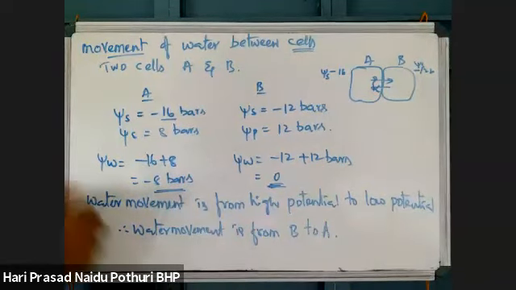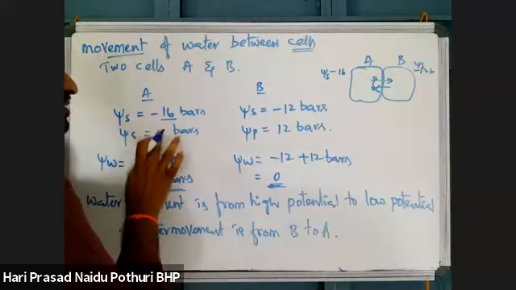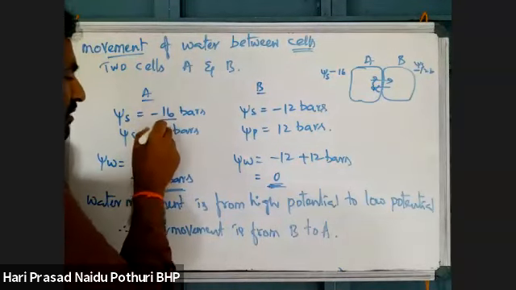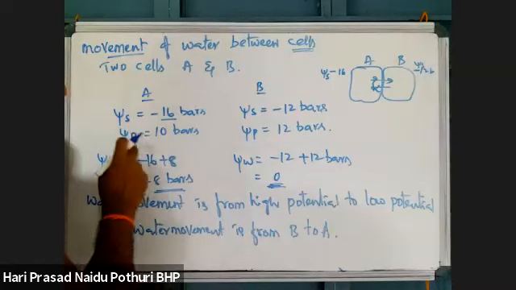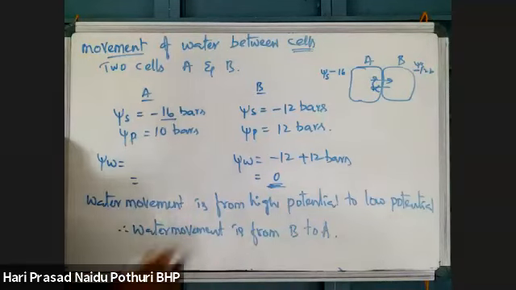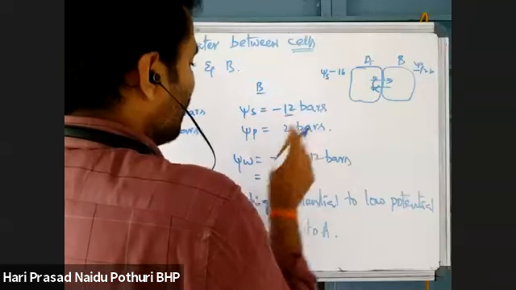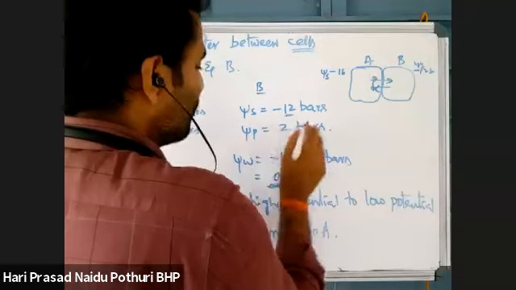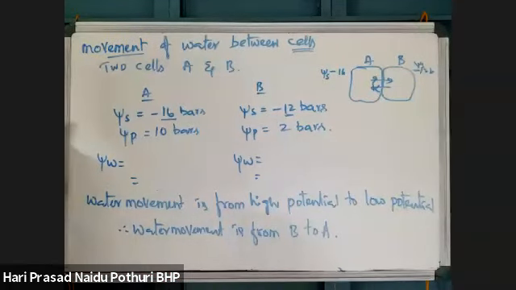Yeah, good. See, now I am changing the values. Suppose cell A has a solute potential of minus 16 bars and pressure potential of 10 bars. Cell B has a solute potential of minus 12 bars and pressure potential of 2 bars. Then what is the movement?